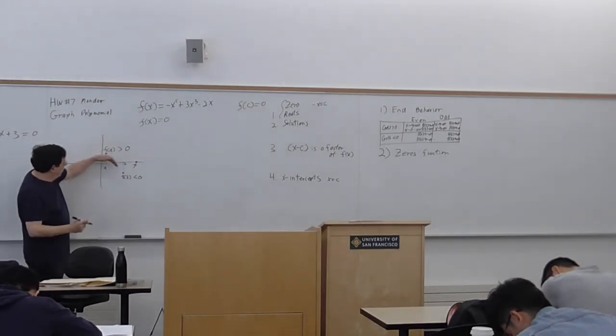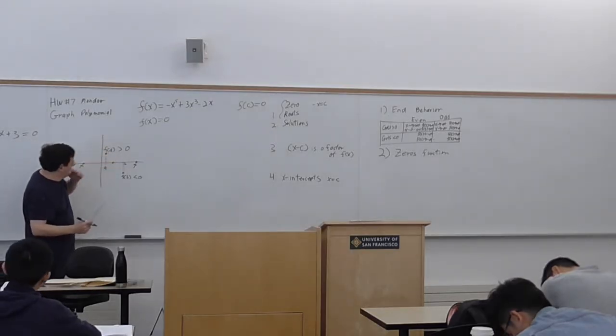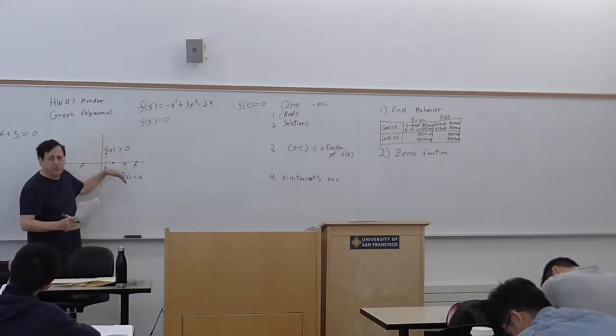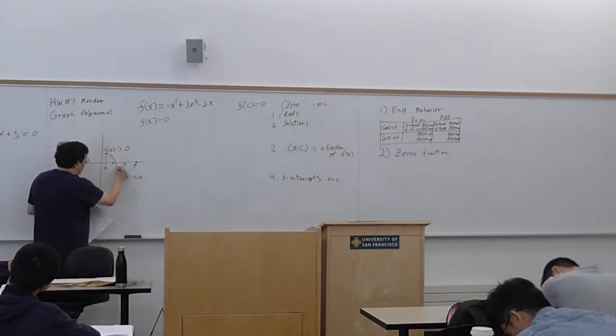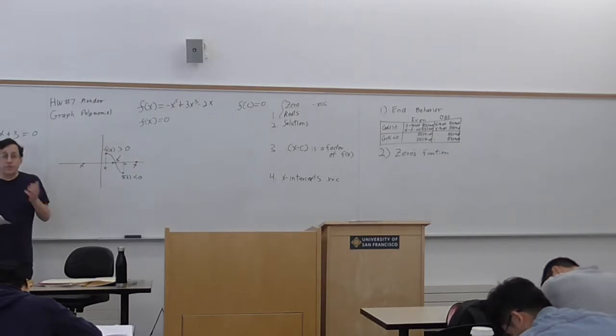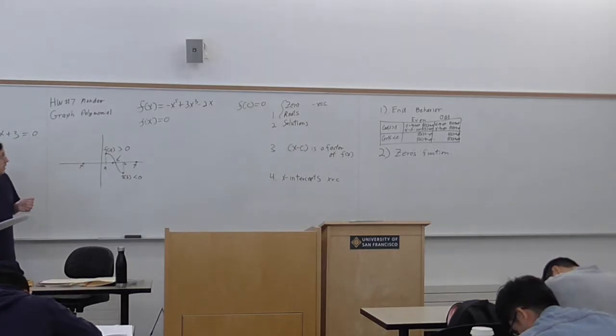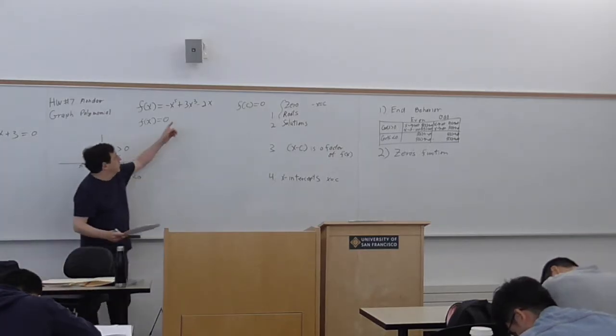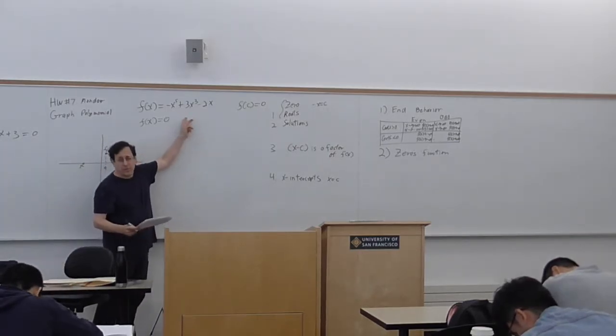Again, because we know this function is a continuous line and it doesn't jump around, we know that somewhere between A and B, we have to cross the x-axis. We have to have a 0. So, if we try and factor this, we find we can't factor it very easily.